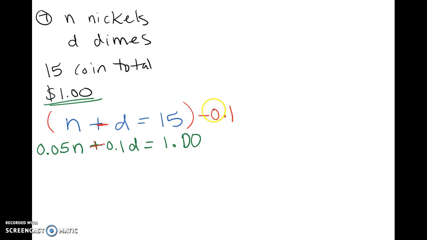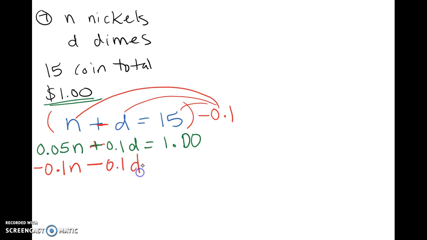So if I'm doing this by elimination and I distribute, my new equation is going to be negative 0.1 N minus 0.1 D equals, what's 15 times 0.1? Negative 1.5.